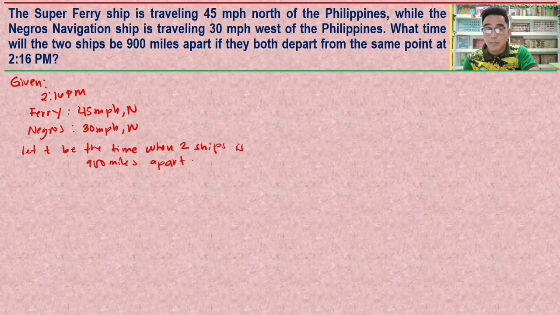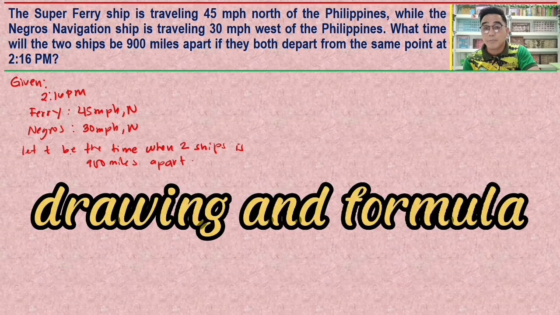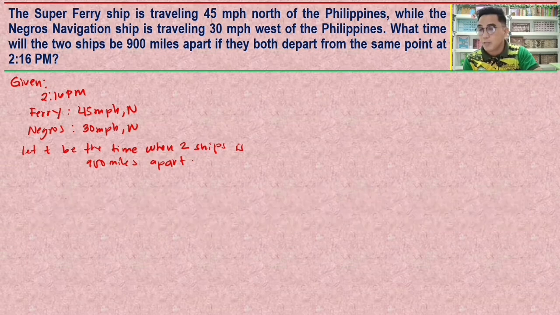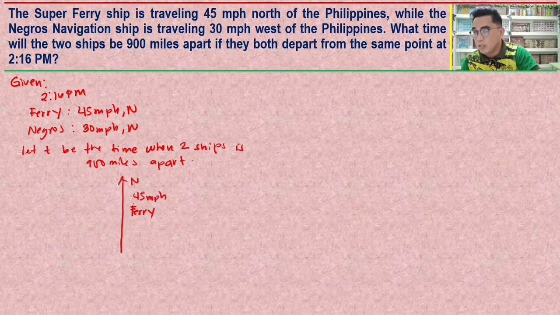Devise a plan. After evaluating and examining this problem, we come up with the best strategy, and that is using the drawing and the Pythagorean formula. We knew that Super Ferry is heading to the northern part of the Philippines at a rate of 45 miles per hour, while the Negros Navigation ship is moving towards the western part of the Philippines at a rate of 30 miles per hour.